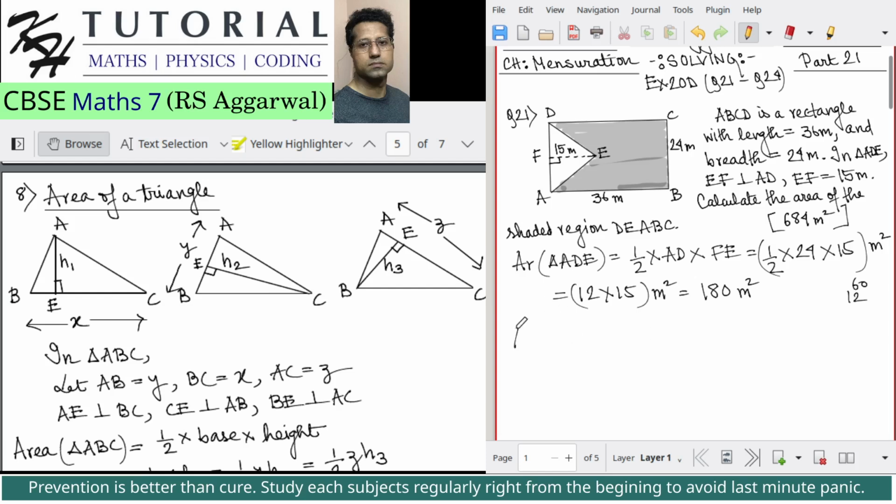Okay, and what is the area of rectangle ABCD? We can easily find the area of the rectangle ABCD from the formula product of length and breadth.